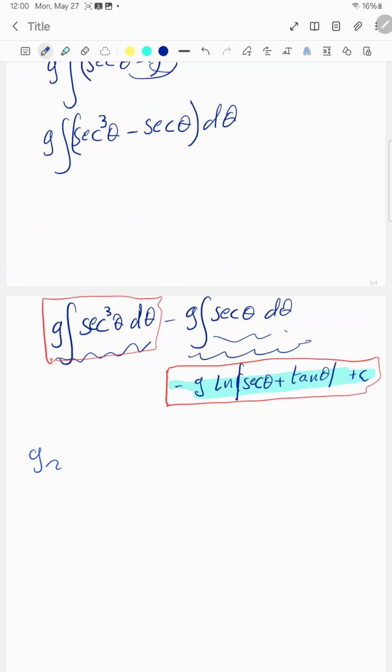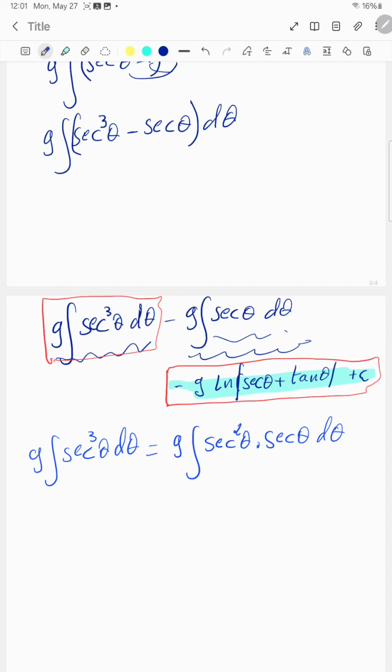So let's work with 9 sec to the power of 3 theta d theta, equal to 9 sec square of theta times sec of theta d theta. Here I can say let u equal sec of theta, my du is equal to sec of theta tan of theta d theta.